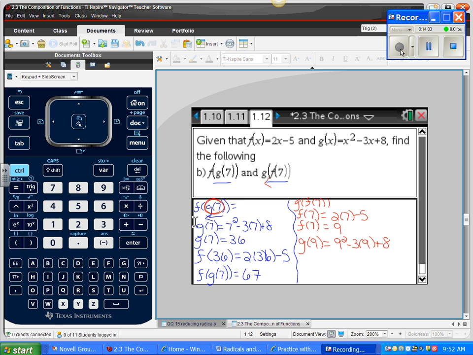So 81 minus 27 plus 8. And we get a value of 62. Okay? So therefore g of f of 7 equals 62. So that's just evaluating. And you guys did learn how to use the define function on the calculator last year. That will walk you through this process.